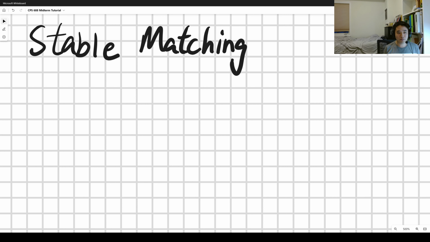We're going to go through what stable matching is for. So I'm going to bring up a nice little example scenario for this. I'm going to give you all four people. So I'm going to write down four people's names.